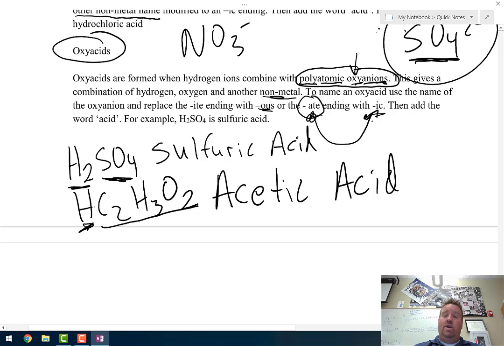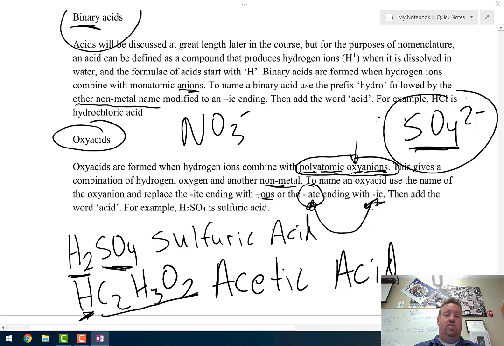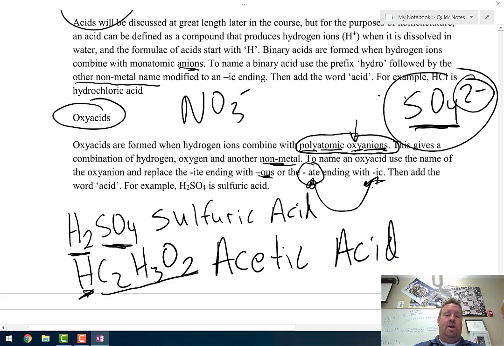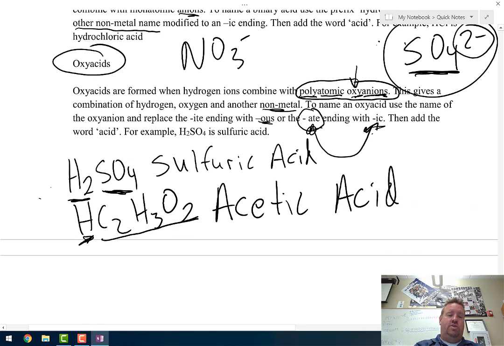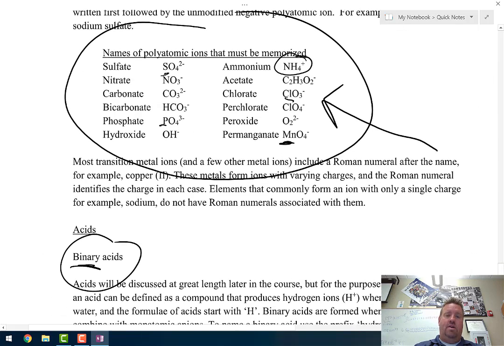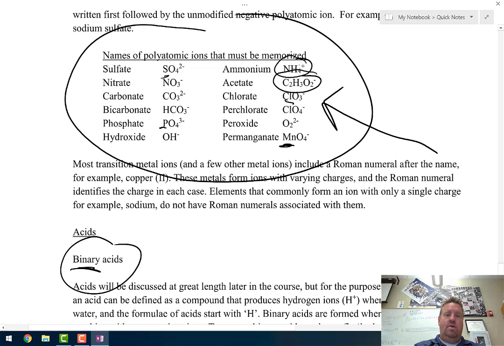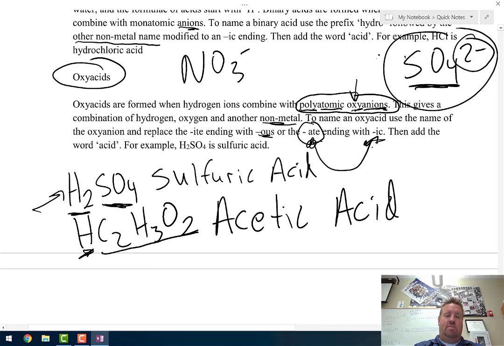And what does that come back to? It comes back to the charges. Sulfate has a -2 charge, that's why there's 2 hydrogens. Acetate, on the other hand, if we come back up to here, only has a charge of -1. So since acetate is a -1 charge, we only need the 1 hydrogen.